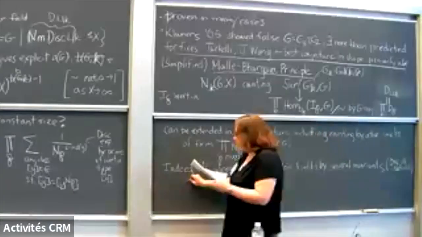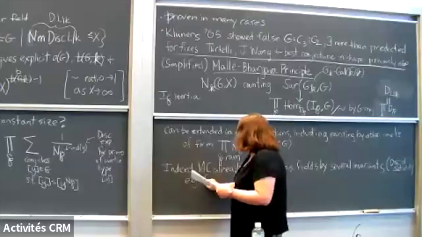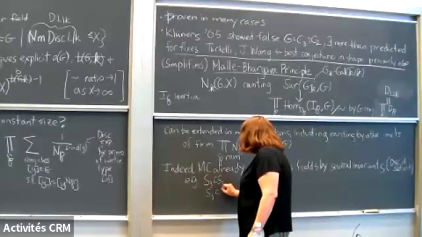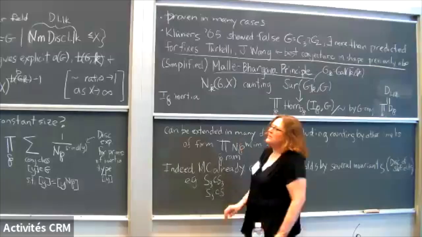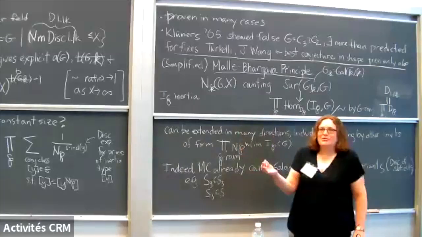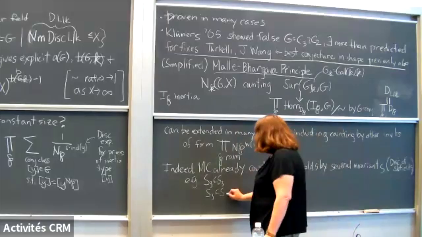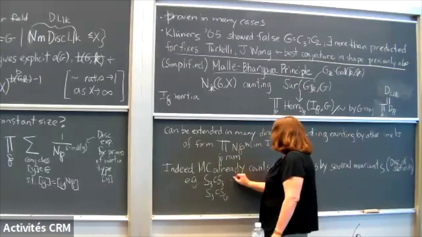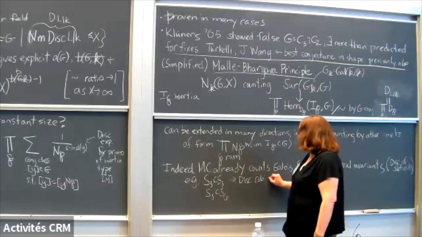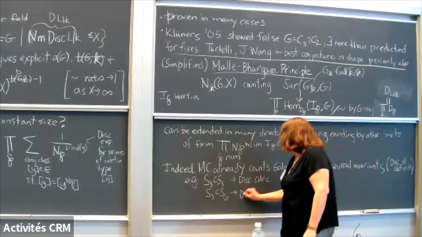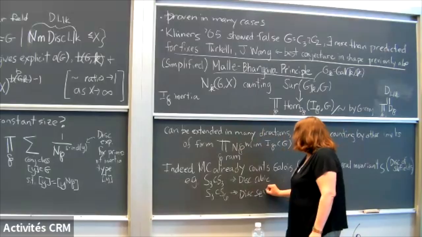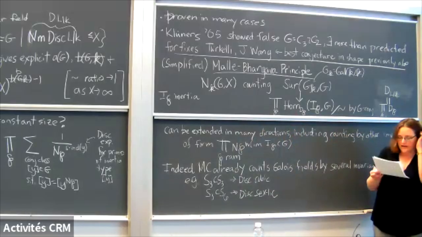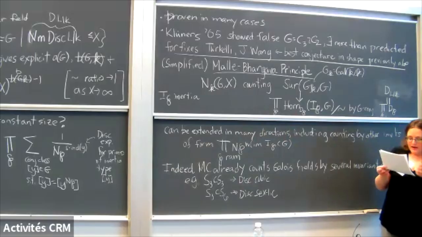Just for example, when G is S3, you could count S3 cubic fields, whether you're thinking of the three-dimensional one or the Galois one, it doesn't matter. They're the same information, but you could be counting them by the discriminant of the cubic field, or by the discriminant of the sextic field, and those are just two different ways to count the same thing.